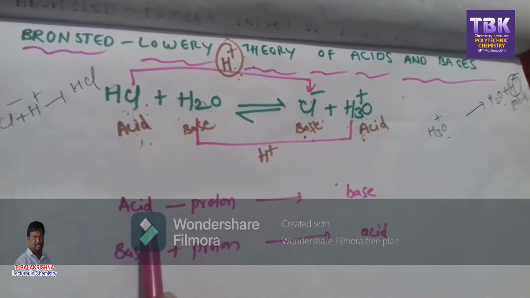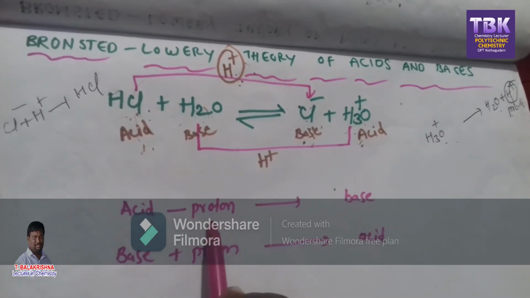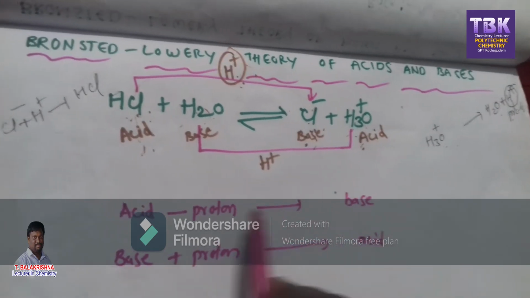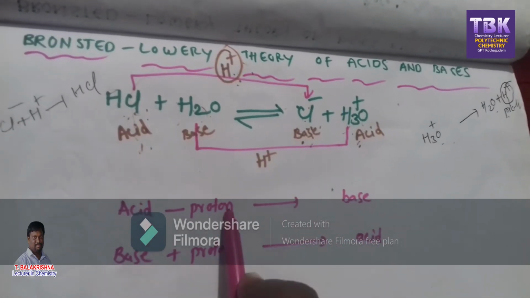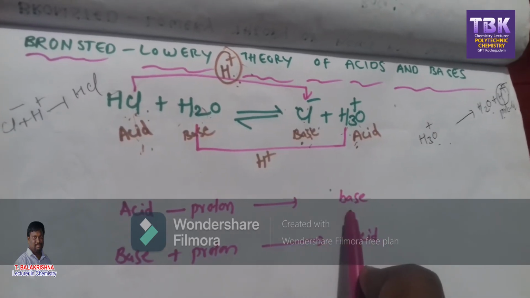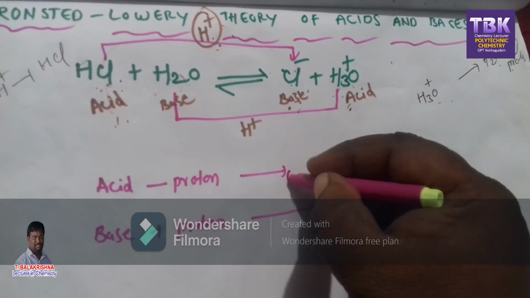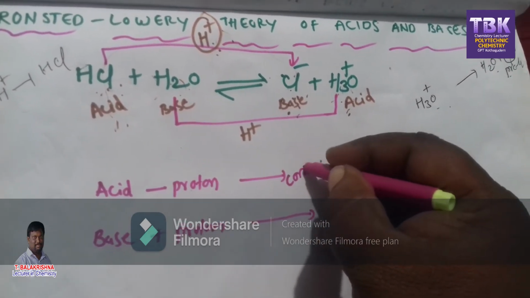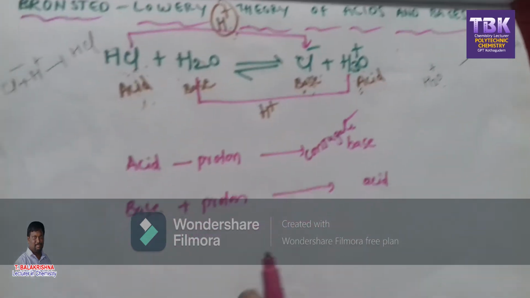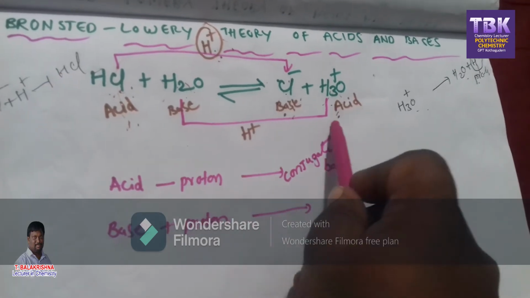So when the acid loses the proton, it produces a base. Such a type of base is called a conjugate base.